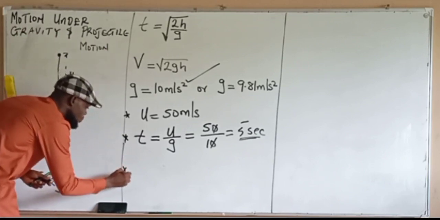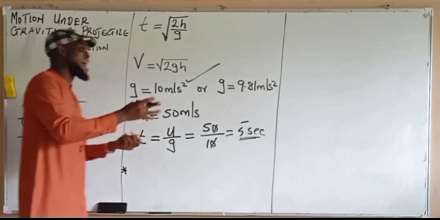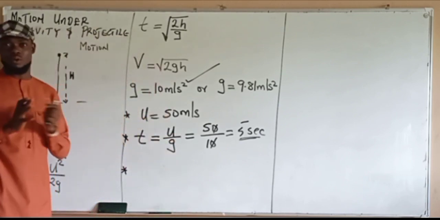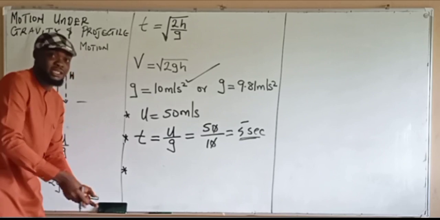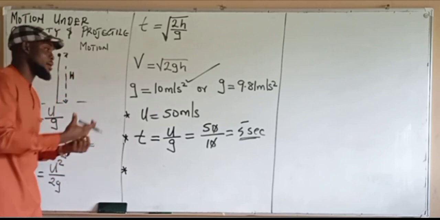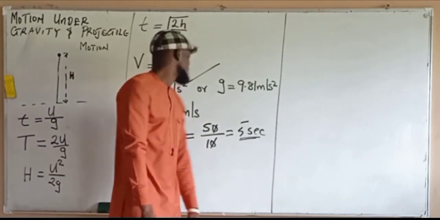Then question 2. Follow me. What is the time of flight of this body, or the time to get to the maximum height and come back to the ground again? That is what we call time of flight, the time to return back to Earth. The Earth I'm mentioning here denotes the floor or the ground.